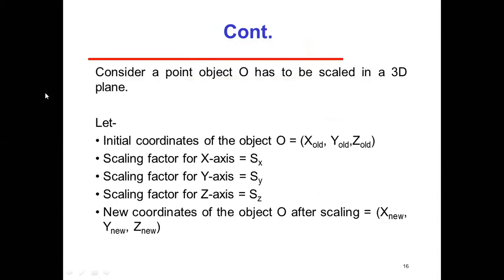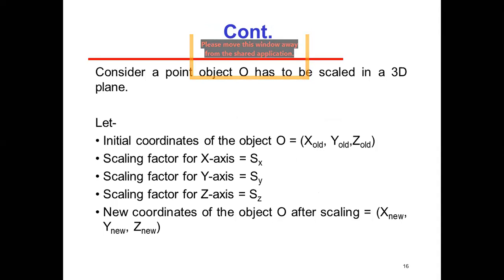Now consider any object O to be scaled in a 3D plane. We are using the 3D matrix, 3D axis and 3D plane here. The initial coordinates of the object are x old, y old, z old. We will use the same story for the same object. Here we will concentrate on the scaling factor.